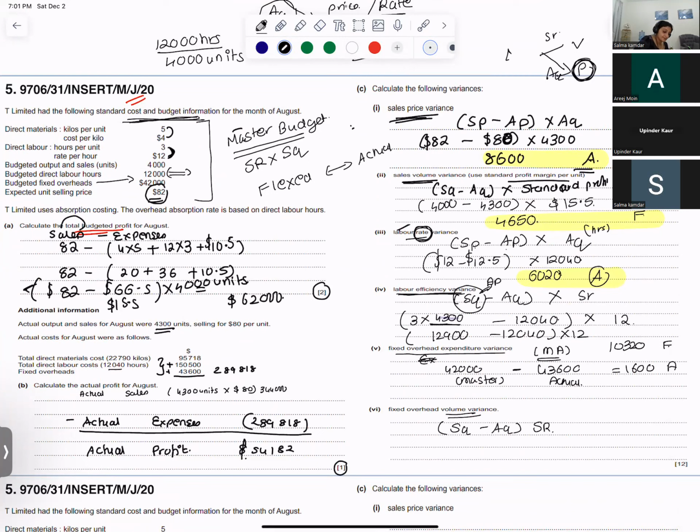What was your standard quantity? 4,000. What is your actual quantity? 4,300. That means your answer will be favorable, into standard rate. The rate was 10.5, which you had found out for fixed overhead per unit as per budget. So this will become how much?